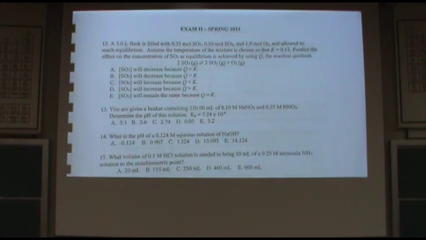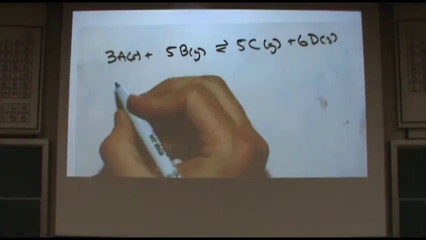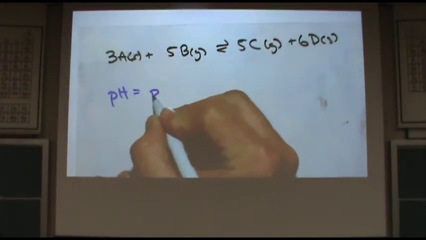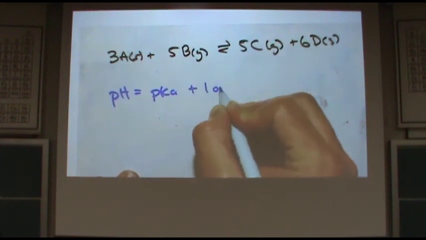There's an equation, which is a, what do you call those things when you like cheat? A hack. It's a hack of the ice table. It's called the Henderson-Hasselbalch hack. Okay. So what you would do is say pH. I will give this to you on the exam.